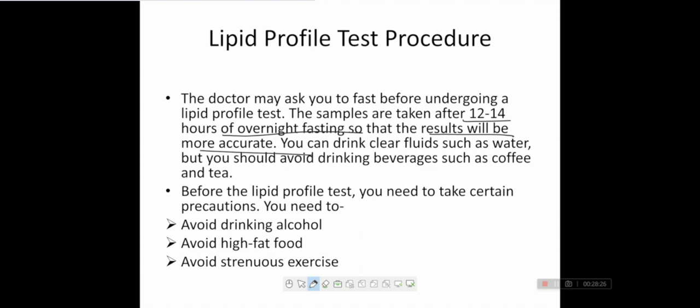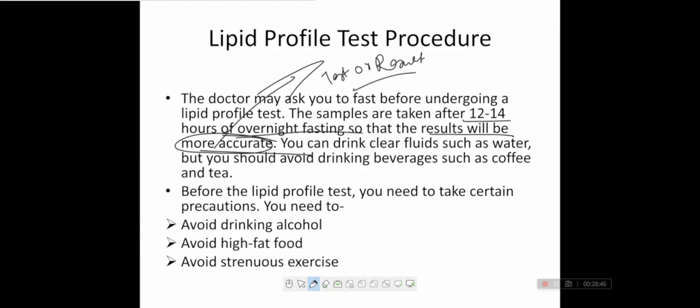Means we have to fast overnight for the lipid profile test so that we get a more accurate result.